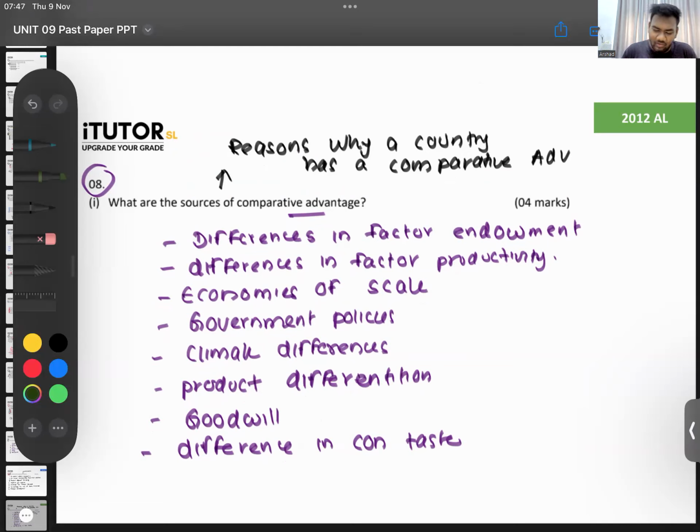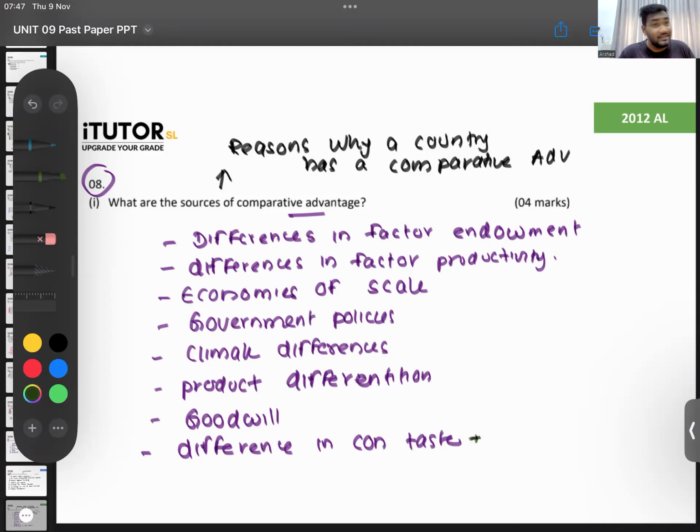For this question, 4 marks, even if you write 4 points, it is enough. Differences in taste, for example, Sri Lankan tea. Maybe Sri Lankan tea has a unique feeling. No matter where other countries produce tea, people like our tea, it gives a different kind of feeling.